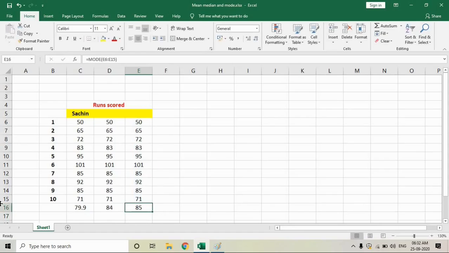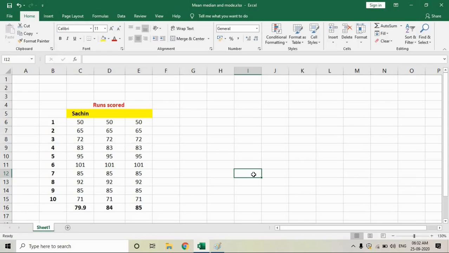And the value of mode is 85. So now the three averages are visible, and the values are 79.9, 84 and 85. And you can see that the values of median and mode are close to each other, but the value of arithmetic mean is quite different.